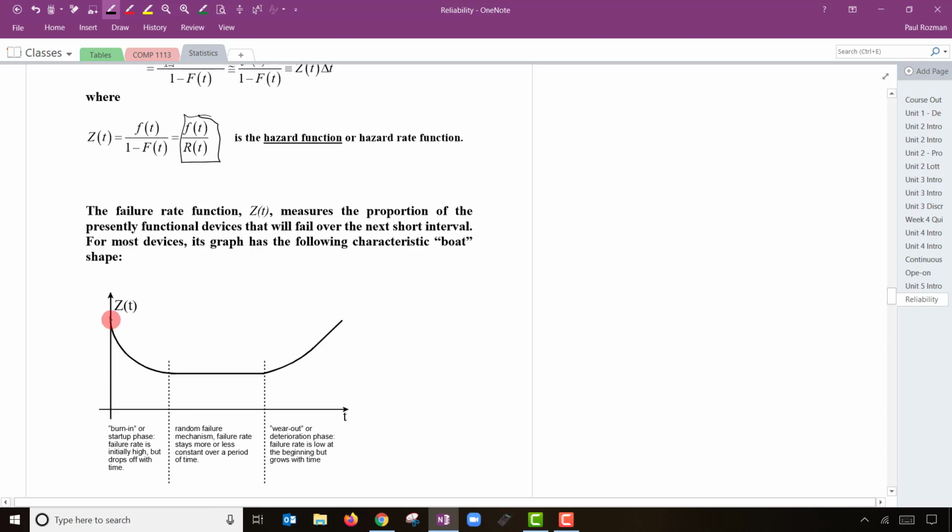When you first come off the assembly line, there are defects and such that haven't been caught yet, so a bunch of them fail initially. But then after you have them fail, well, now you have a nice stable supply of your widgets, and they will sort of fail at a constant rate due to outside traumas that are just randomly occurring.